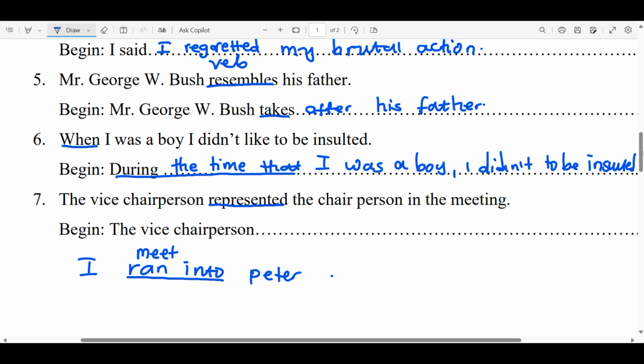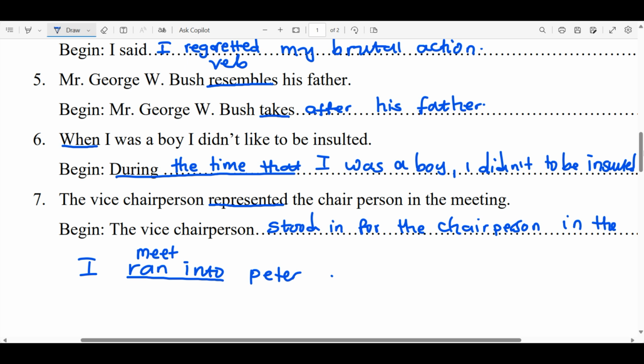We are going to say the vice chairperson, since it's past, stood in for the chairperson in the meeting. So to stand in for someone simply means to represent.